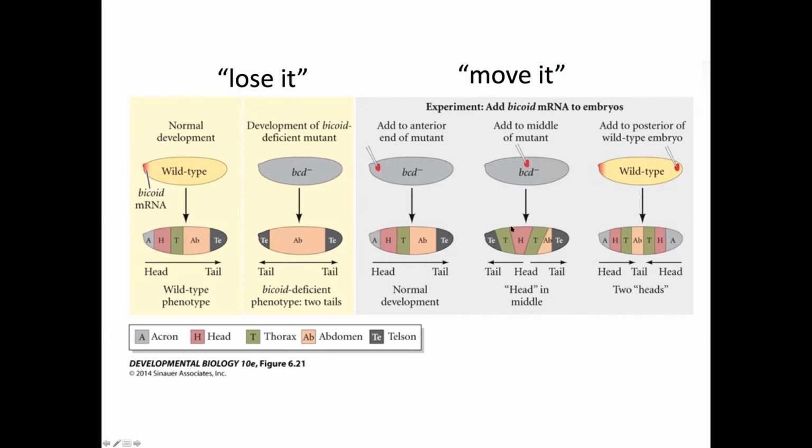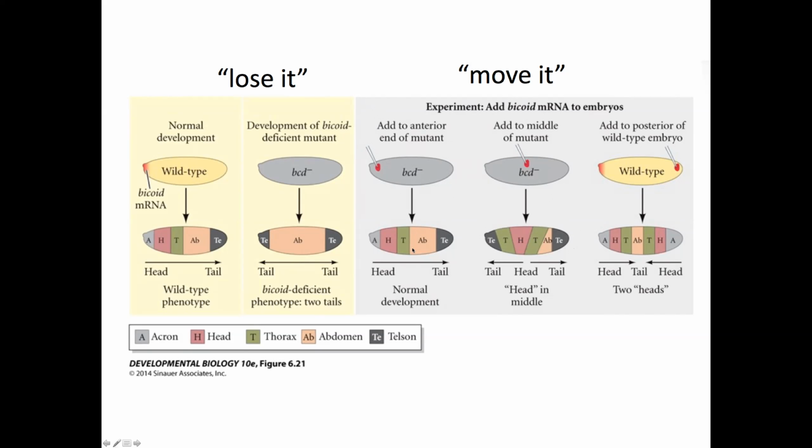And what was striking here is that they could duplicate structures. Now the head forms in the middle, and surrounding the head, they had two regions that look like the thorax. So it gave rise to a mirror image identity.